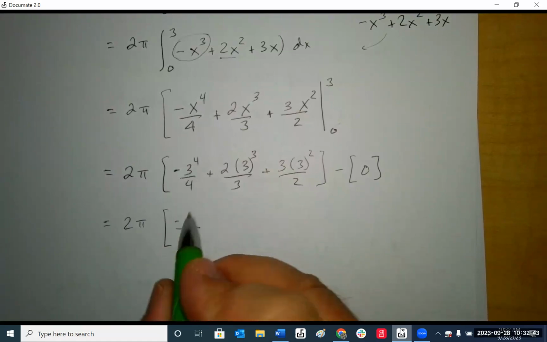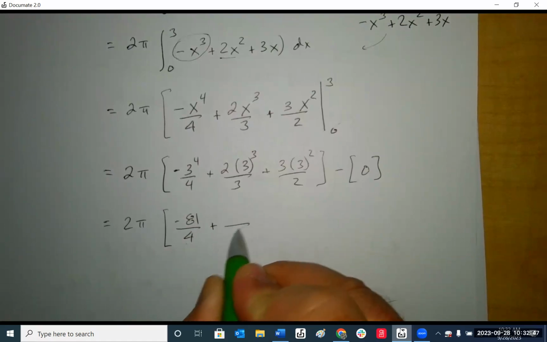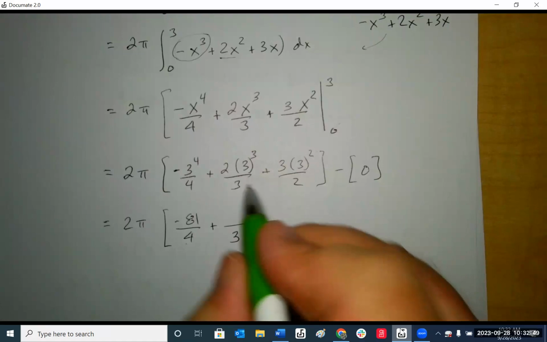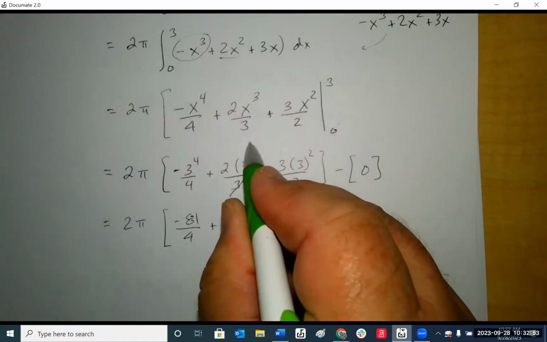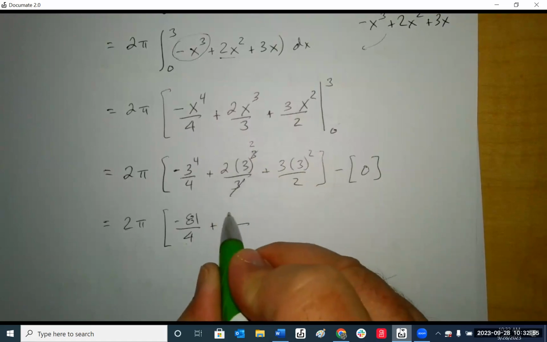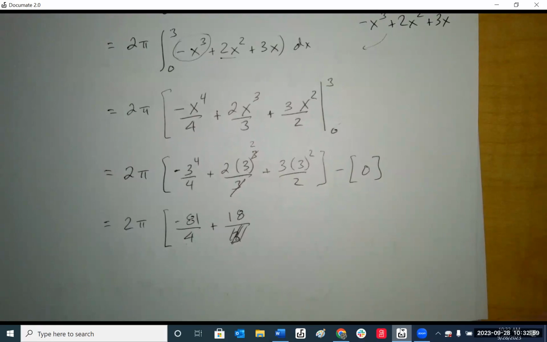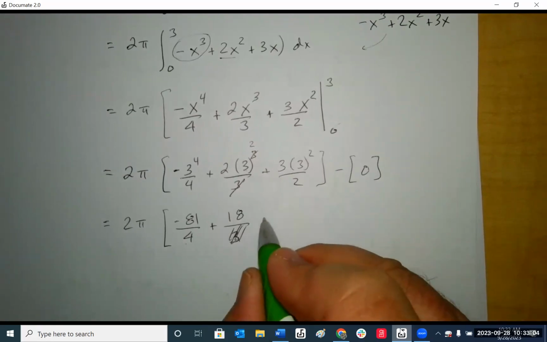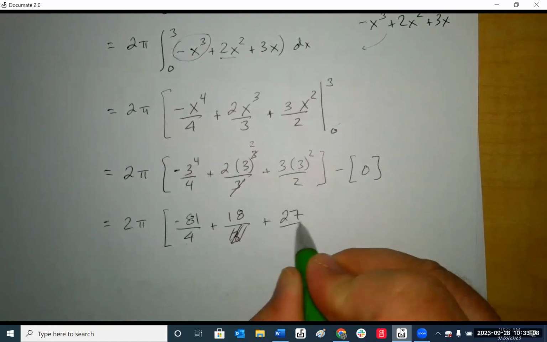Three to the fourth is 81. This 3 and one of those 3's can cancel. So it's 9 times 2 is 18. Nine times 3 is 27 over 2.